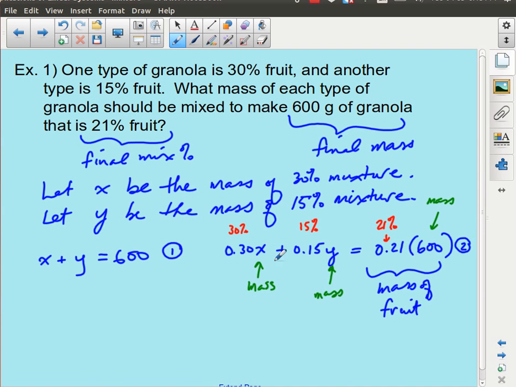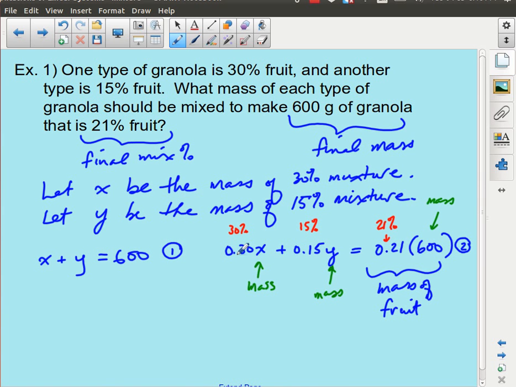So that is our equation number 2. Now this equation is fine. We could work with this as it is. But these numbers, 0.30, 0.15, 0.21, are a little bit awkward, and it might be useful to work with a friendlier looking equation. Each of these decimal numbers is to 2 decimal places.